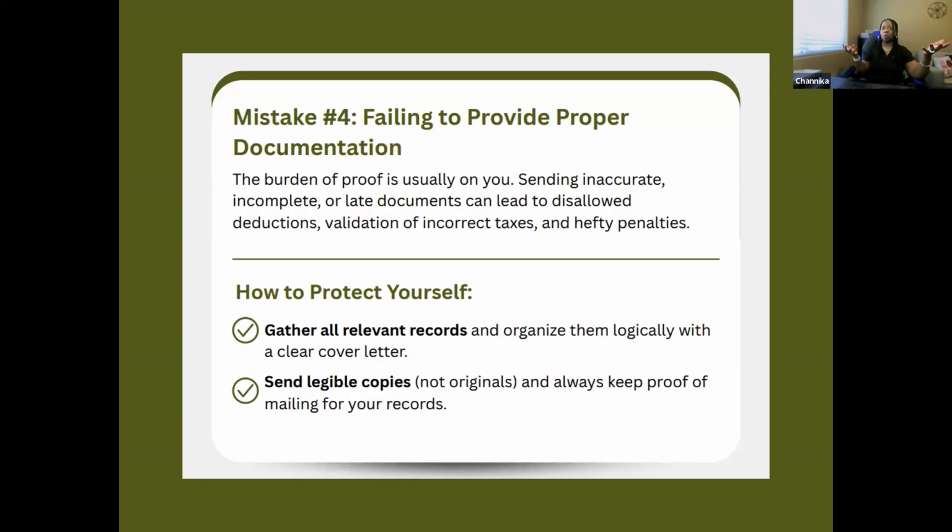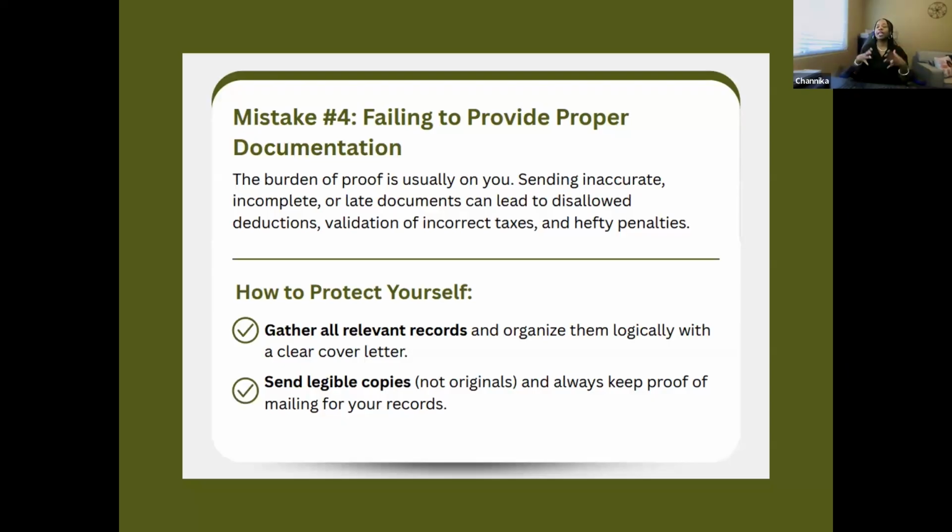They call it, what is the name of it? It's like an inappropriate or inaccurate tax return fee, right? They're going to make you pay this fee on top of what they're saying that you owe, and you really didn't get it. So that's what I mean when I say the burden of proof is usually on you.